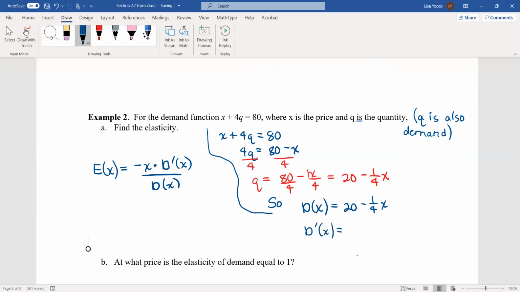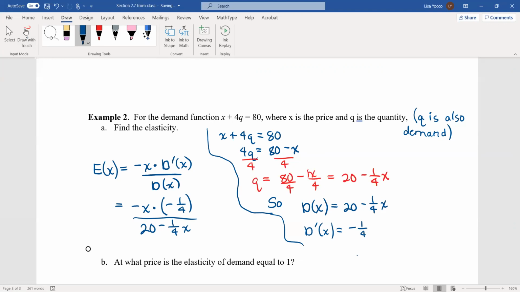Again, for 20, the derivative is 0, and for negative 1/4 x, the derivative is negative 1/4. So substituting up here, I'll put negative 1/4 for D prime, and then my demand function in the denominator, 20 minus 1/4 x.